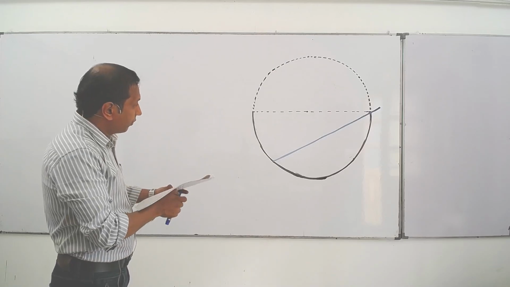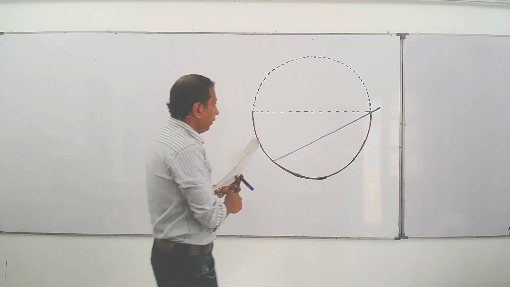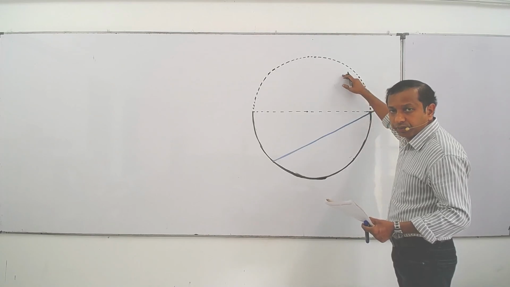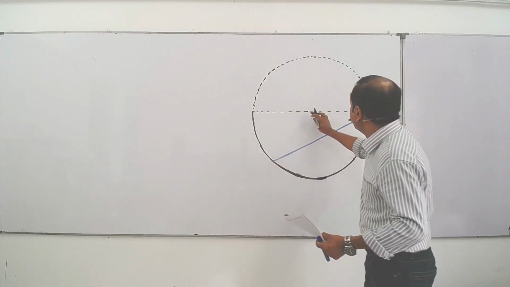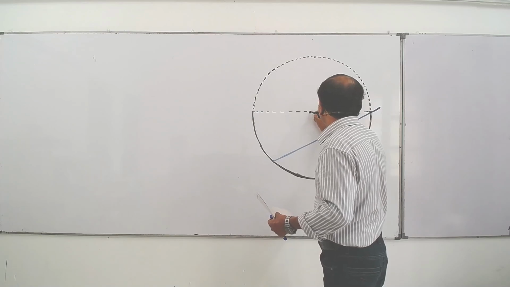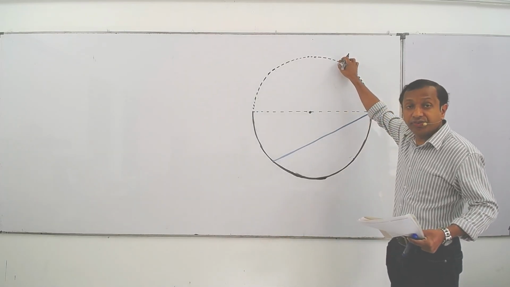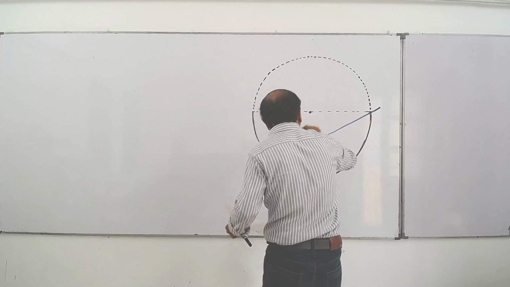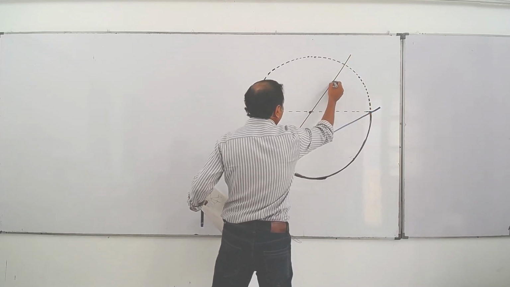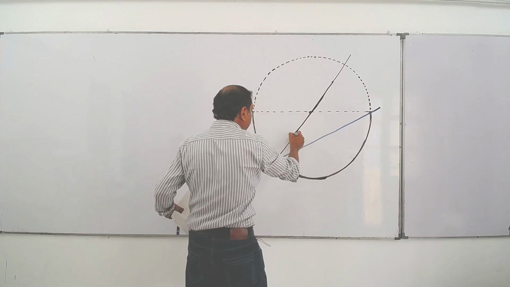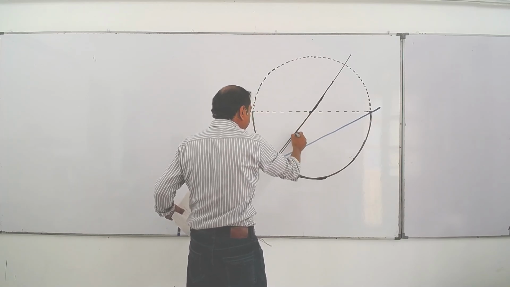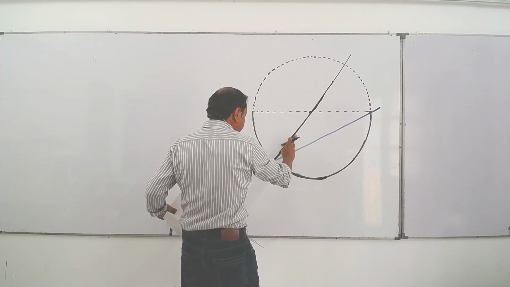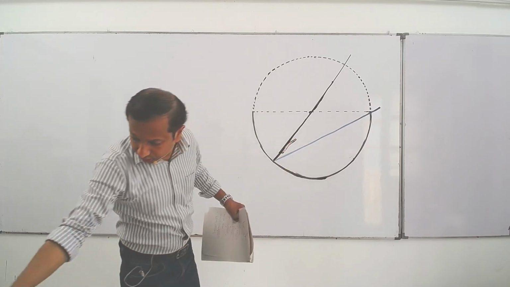Now the reactions we can mark. Here the reaction is perpendicular to the rod. Here the reaction passes through the center of the ball. Therefore, they must meet at a point on the circumference, as we know from theory.